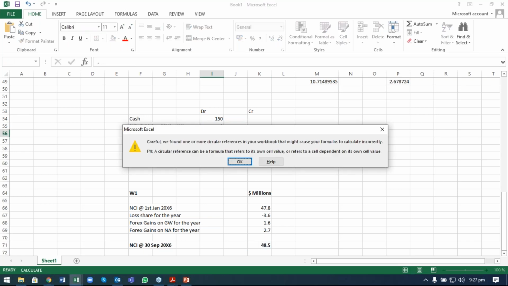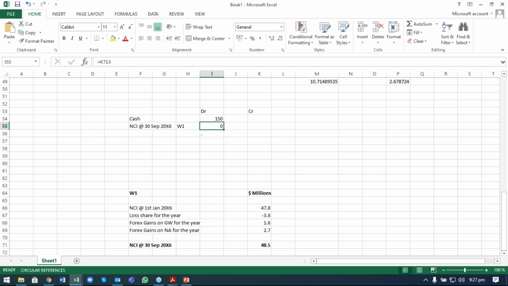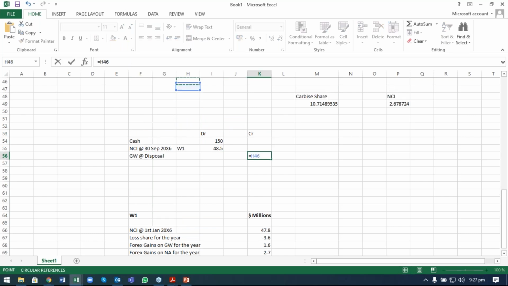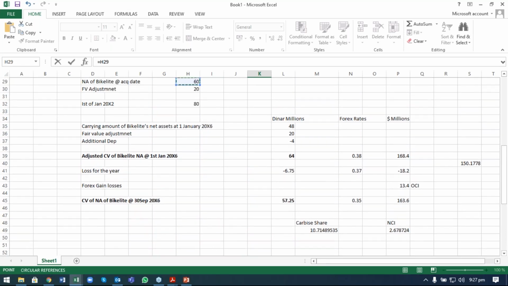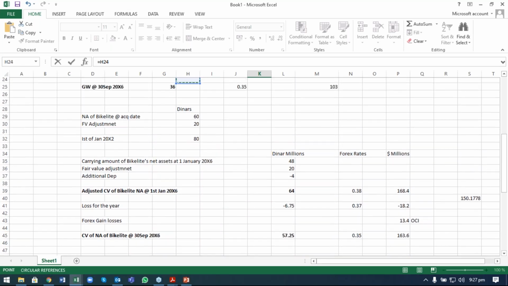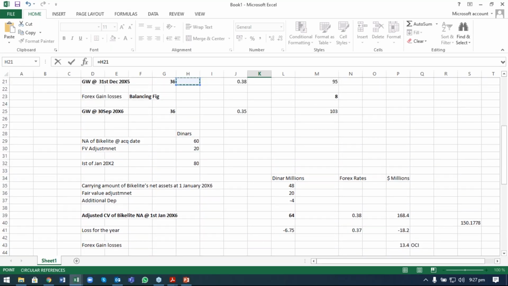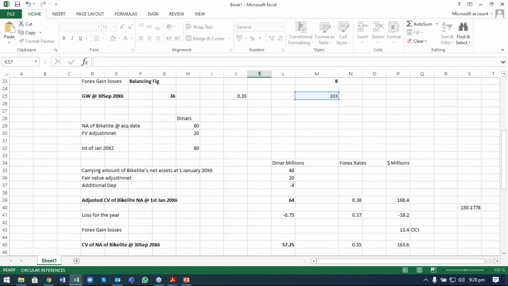Okay, sorry, I believe I did something wrong. 48.5 million. Okay, so this was mentioned over here. Then you have to remove goodwill at disposal date, and we have already calculated goodwill at disposal date. What is the value of goodwill at disposal date? Goodwill at disposal date was 103 million.